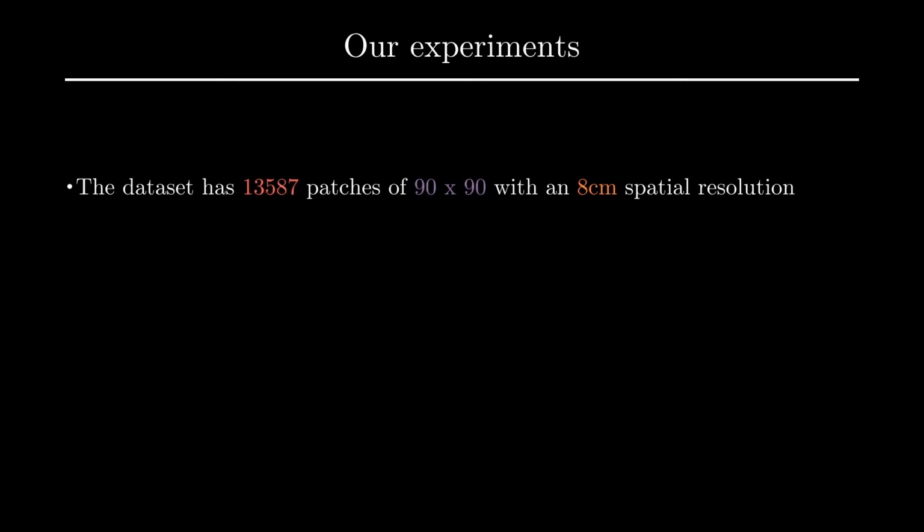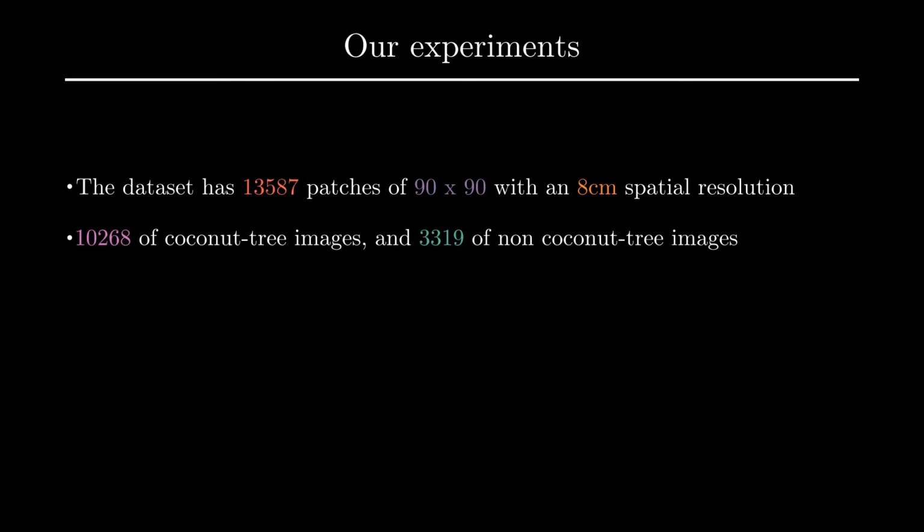The entire set of images has 13,587 patches of 19 by 19 with an 80 centimeters spatial resolution, 10,268 of coconut tree images, and 3,319 of non-coconut tree images. We used 200 images as the training set and 11,377 images for the test set.